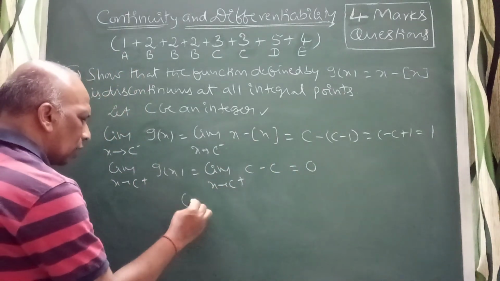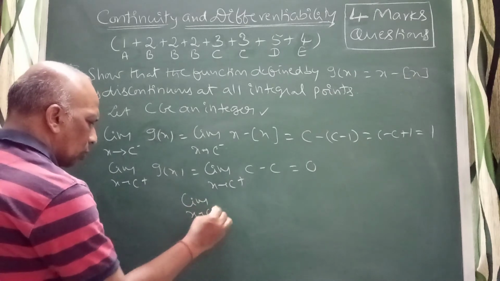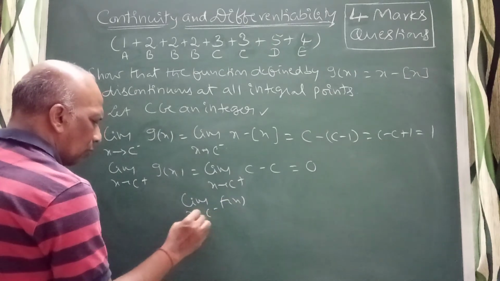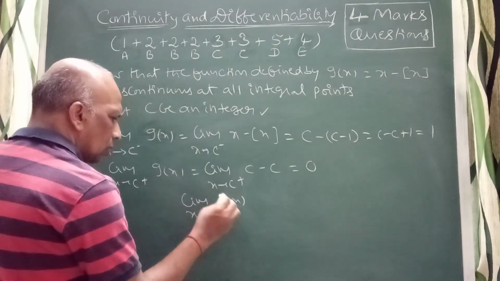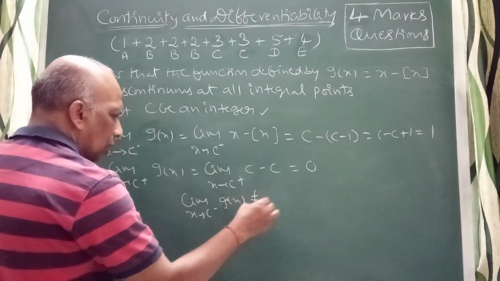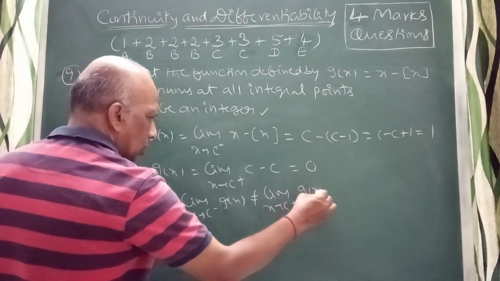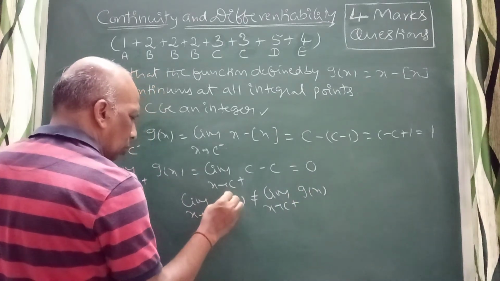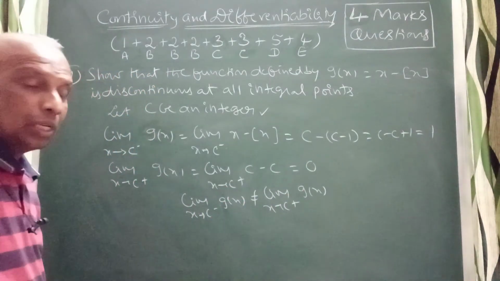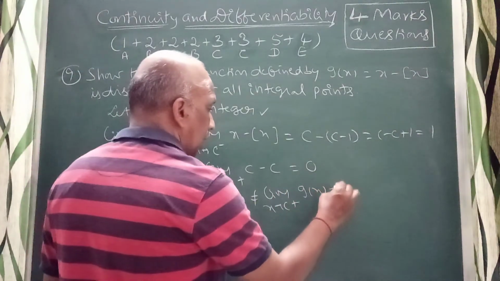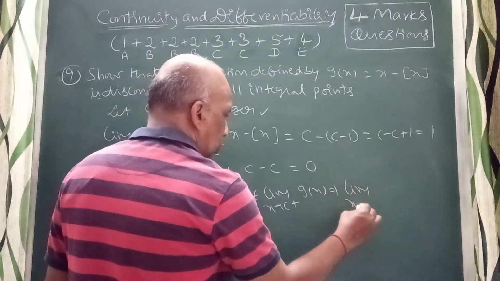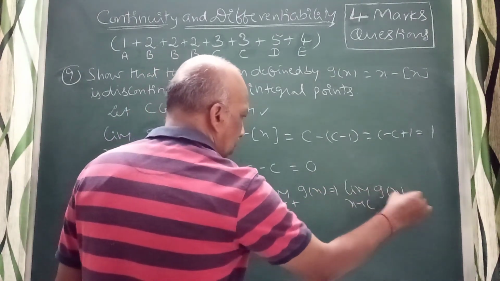So I can write the limit as x tends to C minus of g of x is not equal to the limit as x tends to C plus of g of x. Left limit is not equal to right limit. That means the limit as x tends to C of g of x doesn't exist.